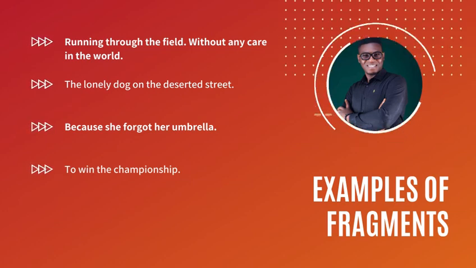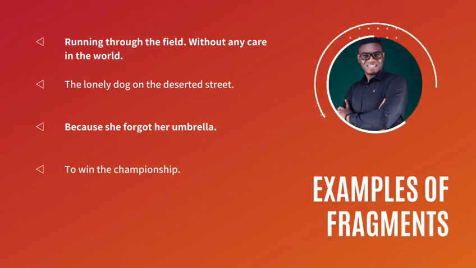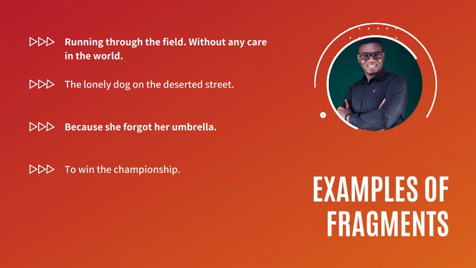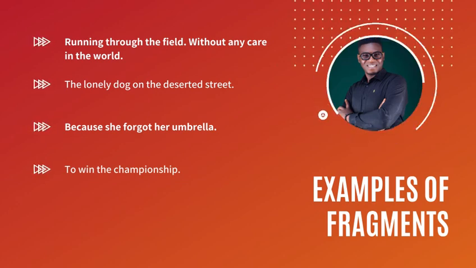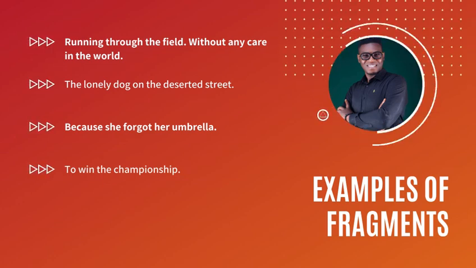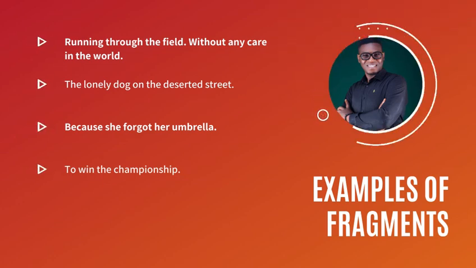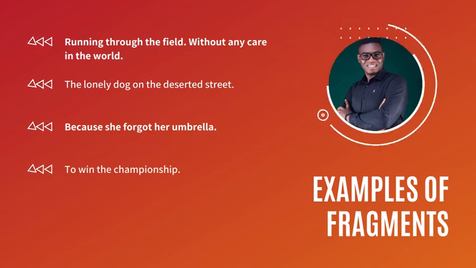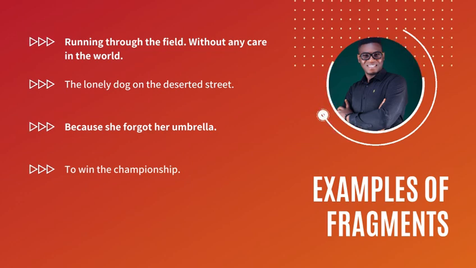Another example is the dependent clause fragment. Of course, because she forgot her umbrella. What followed the clause? Nobody knows. It is dependent on another sentence. Likewise, we have the infinitive phrase fragment.